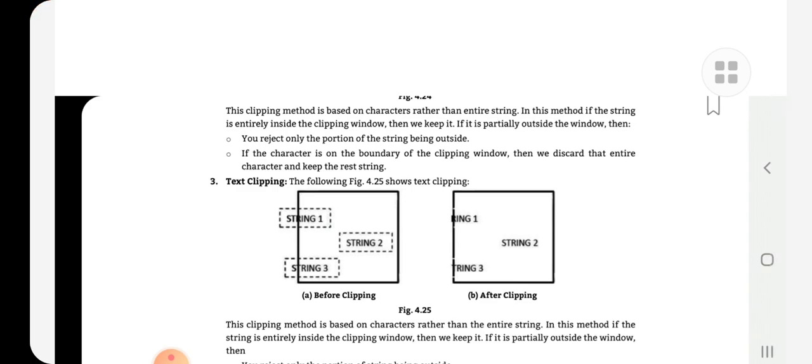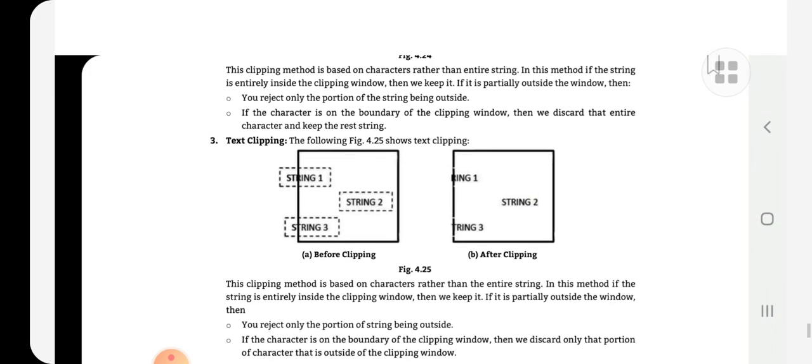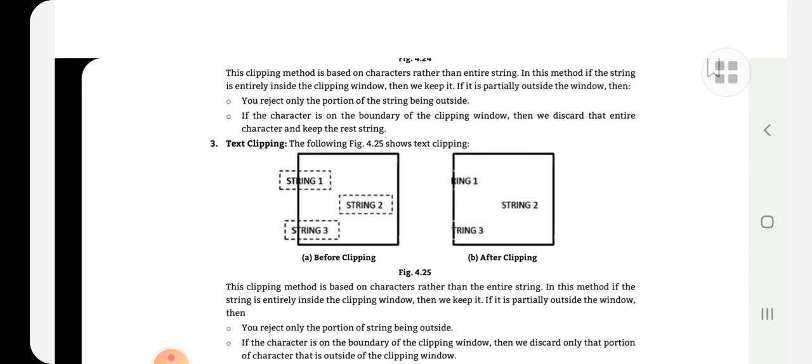If the string is entirely inside the clipping window, then we keep it. If it is partially outside the window, then you reject only the portions of the string outside. If a character is on the boundary of the clipping window, then we discard that entire character and keep the rest of the string.